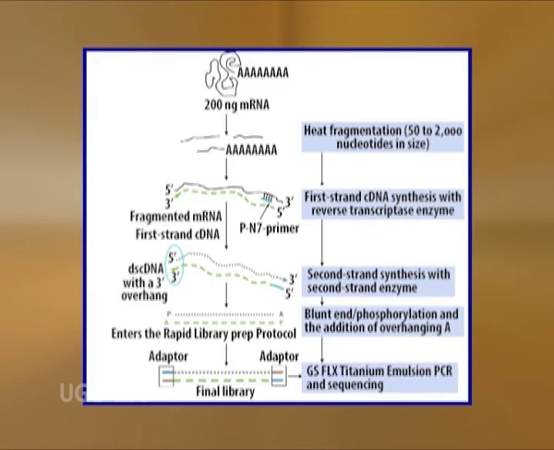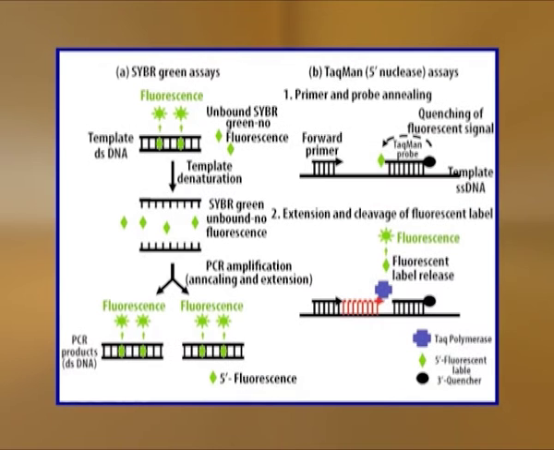As RNA cannot serve as a template for PCR, the first step in a real-time PCR assay is the reverse transcription of the RNA template into cDNA, followed by its exponential amplification in a PCR reaction.